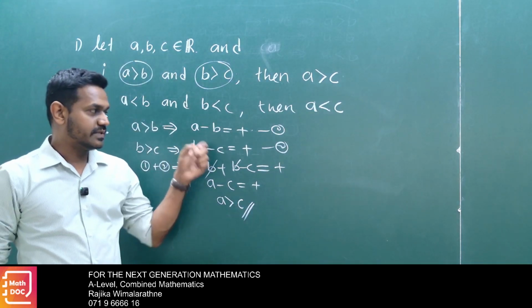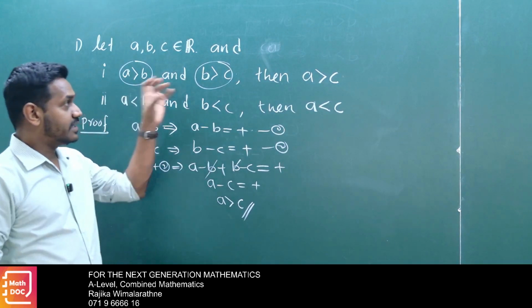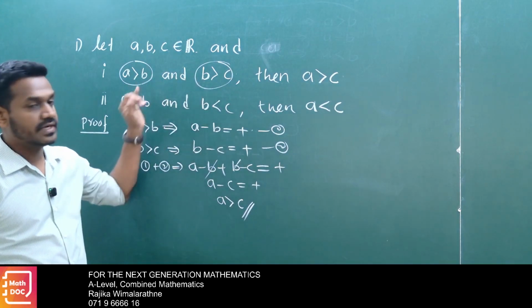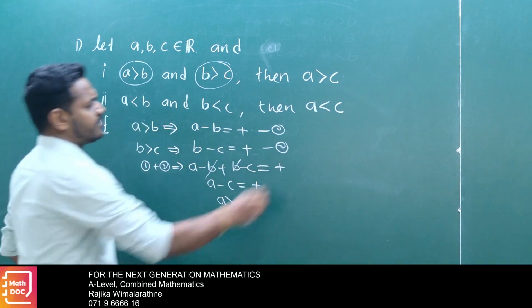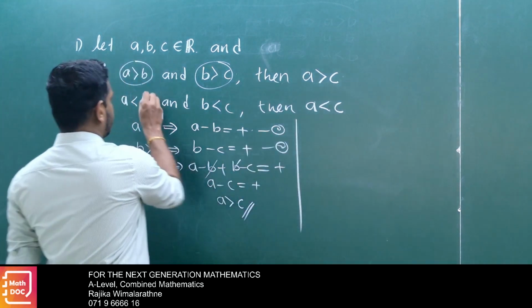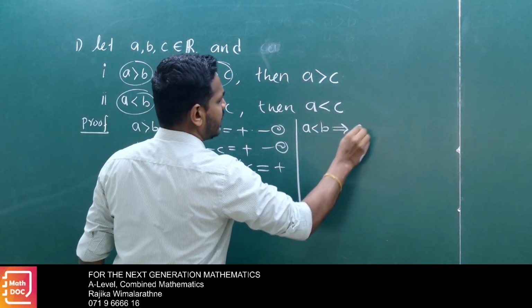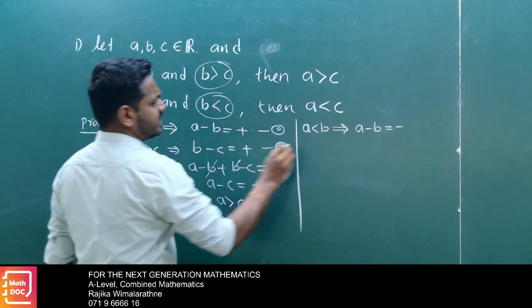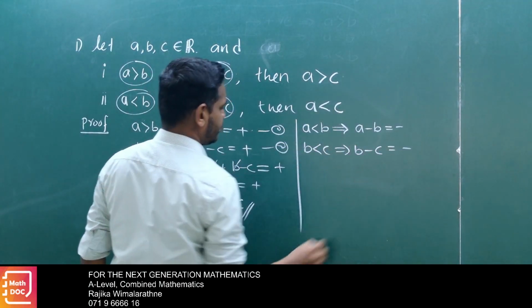Then here, using previous rules, we can derive that theorem. Then we can gather two inequalities together. Here there's a common term B. Okay, similar way you can prove this one. See, A less than B means A minus B negative. Then B less than C means B minus C negative.